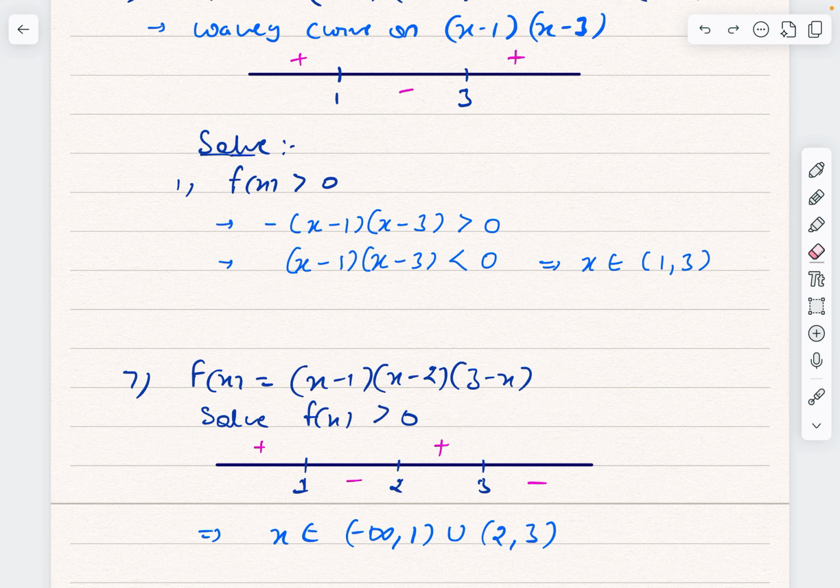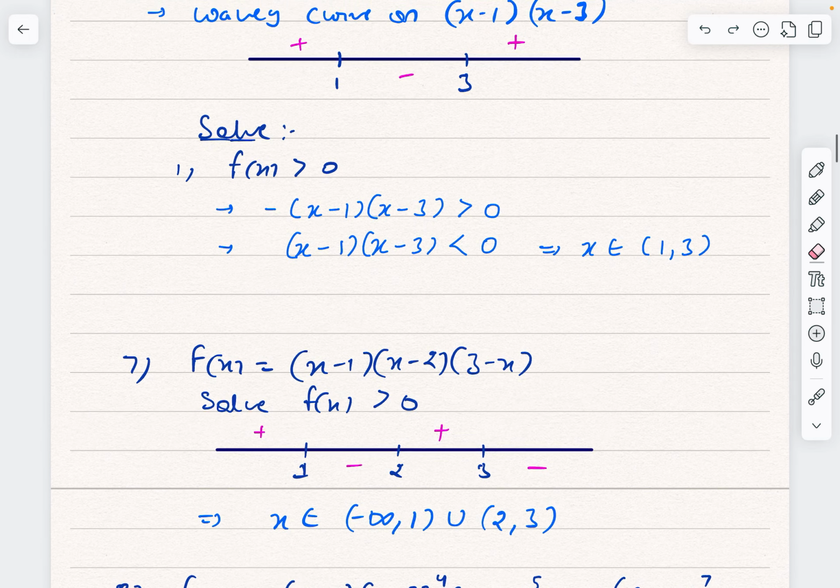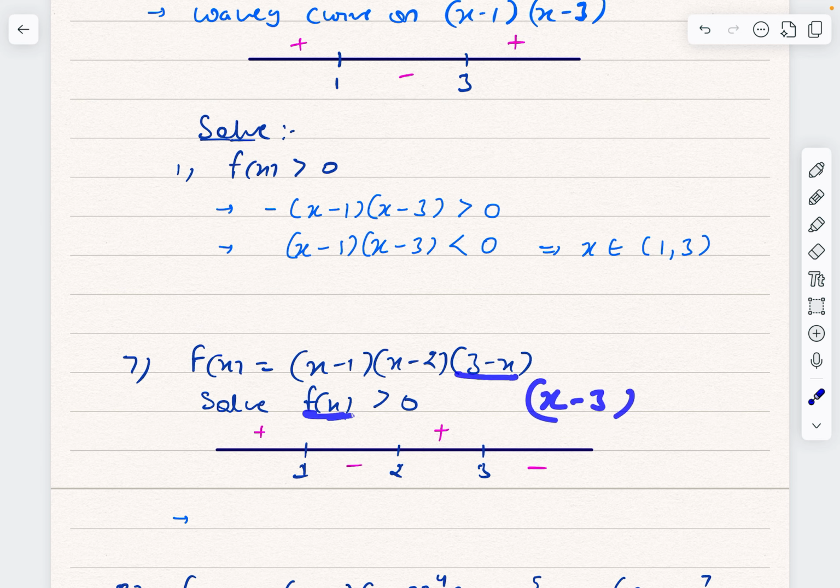So rather than doing this directly, I'll change it like we discussed in the previous problem. We'll take the negative outside, so this 3 − x will become x − 3, and the negative outside will be multiplied on both sides, so it becomes (x − 1)(x − 2)(x − 3) less than 0.